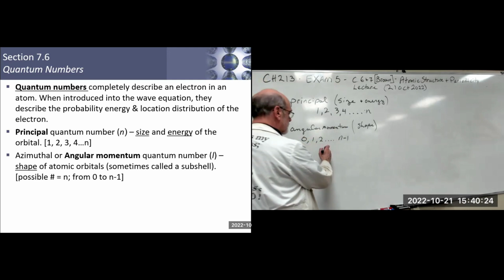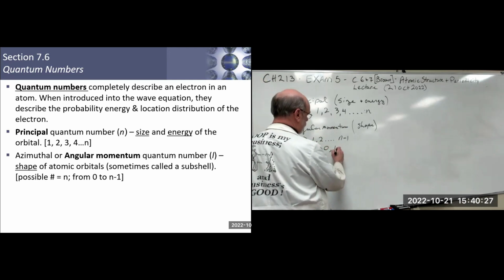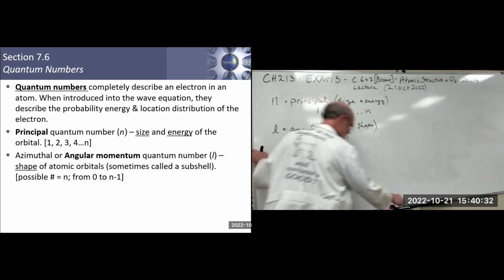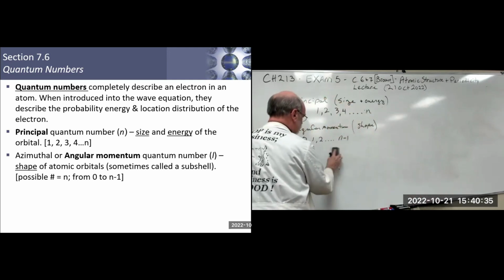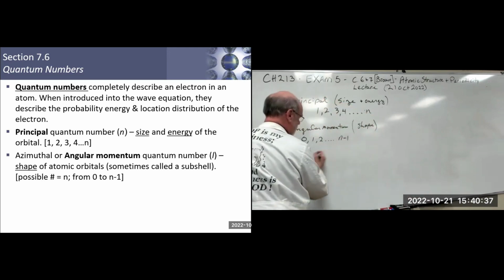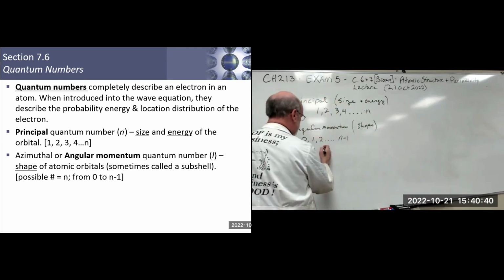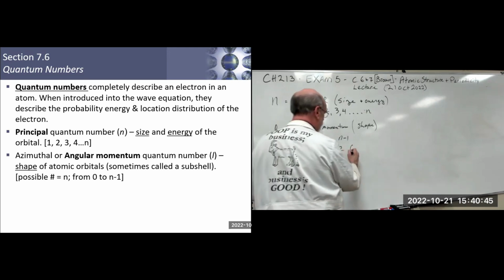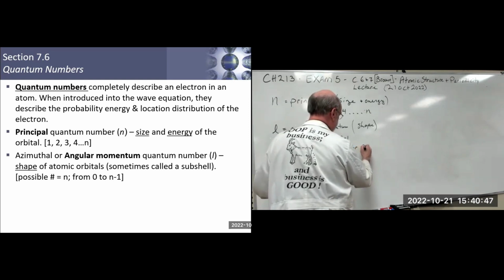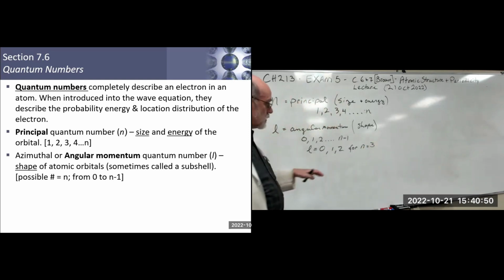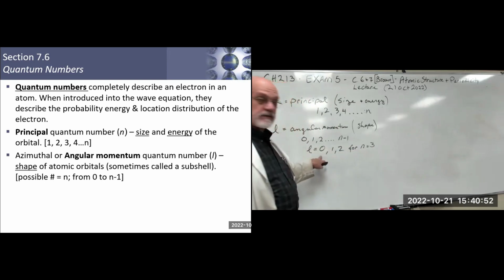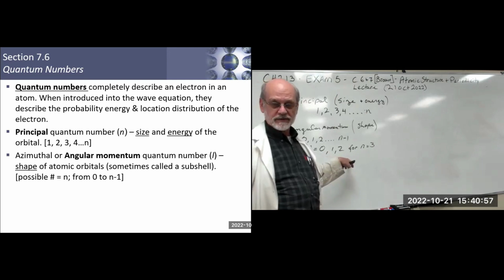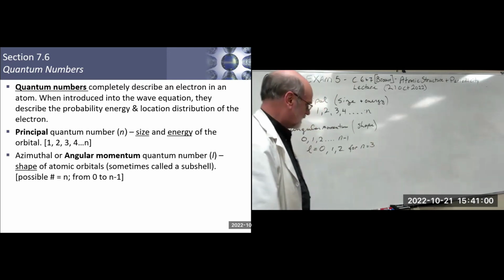L could be 0, 1, or 2 for n equals 3. So you could have n equals 3 and L equals 0, or n equals 3 and L equals 1, or n equals 3 and L equals 2 for the first 2 quantum numbers. So they're nested.